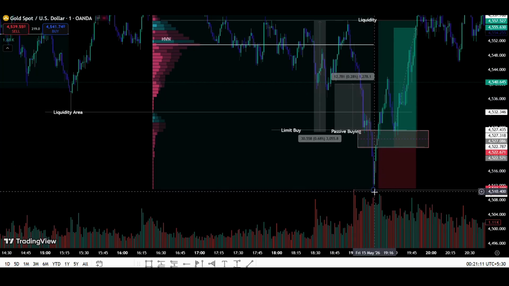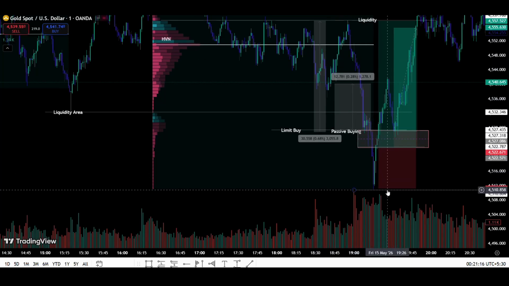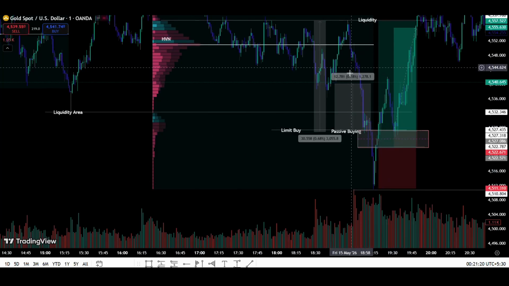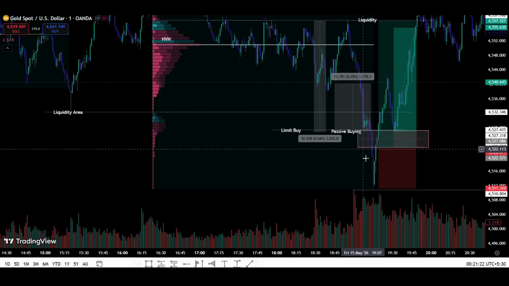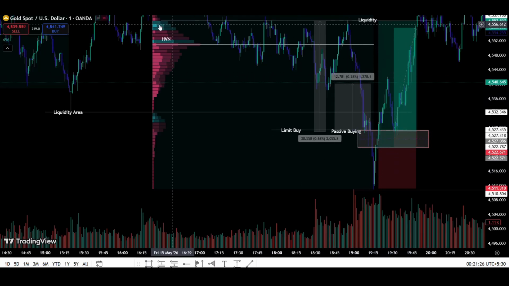Wherever the market has created an imbalance, that is a fair value gap, it definitely has to cover it. All the imbalance has to be covered, so we will be looking at this area.